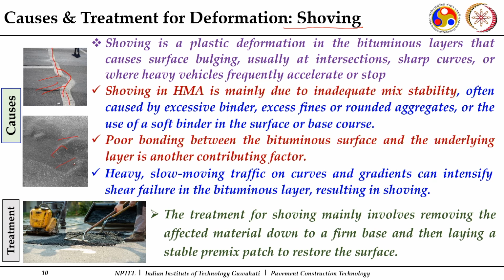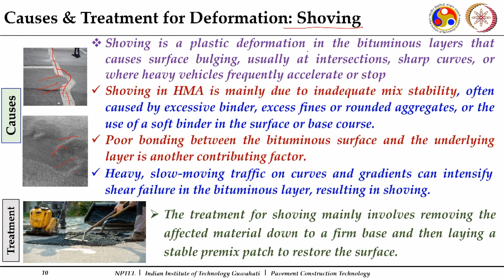This sort of distress you can very well experience at intersections, bus stops, or truck laybys, where slow moving traffic is there and makes frequent applications of brakes. So shoving is a plastic deformation in the bituminous layer that causes surface bulging, usually at intersections and sharp curves, where heavy vehicles frequently accelerate or stop.